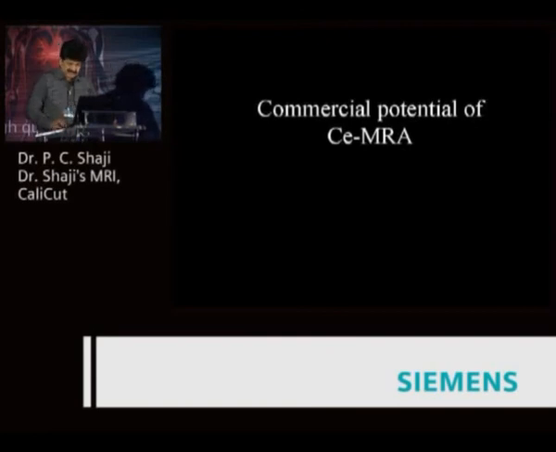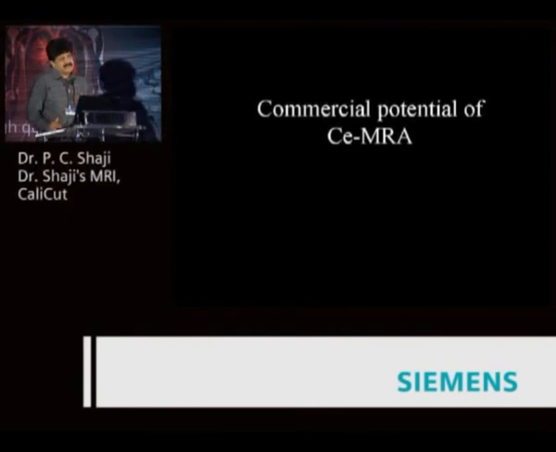Anyway, I kept this particular slide because this is a users meet and many of you are entrepreneurs or going to become entrepreneurs. I think MR angio has a tremendous commercial potential, because what I found is that the total acquisition time for a contrast enhanced MR angiography is 4 minutes, and the patient and coil positioning may take around 3.5 minutes.